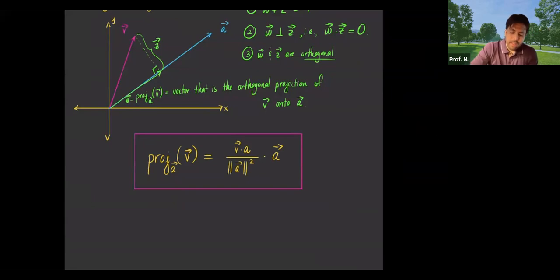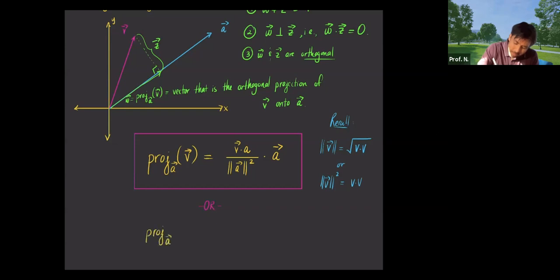And remember that we also found another way to rewrite the norm of A. Recall that the norm of any vector, call it V, is equal to the square root of V dot V, or the norm of V squared is equal to V dot V. In this case, I have the norm of A squared, so that's just going to be A dot A. So I can write this as the projection of V onto A equals V dot A divided by A dot A, multiplied by A. There's a lot of A's here.